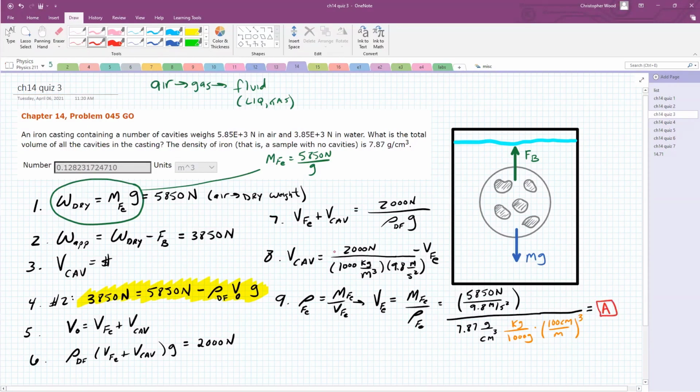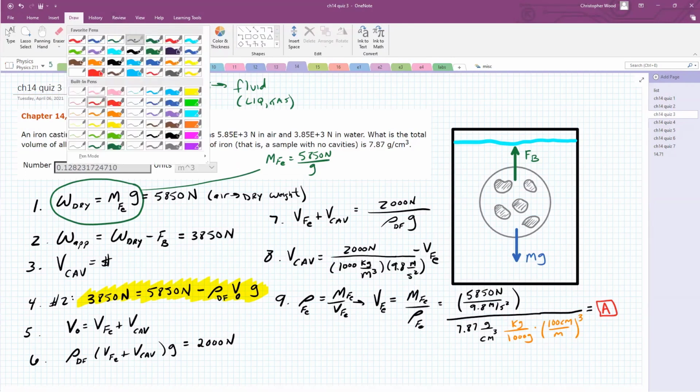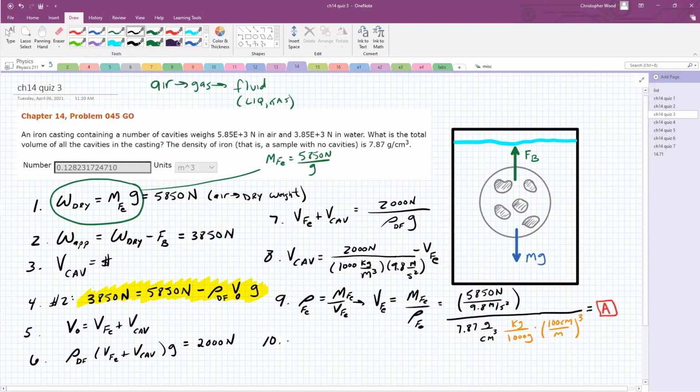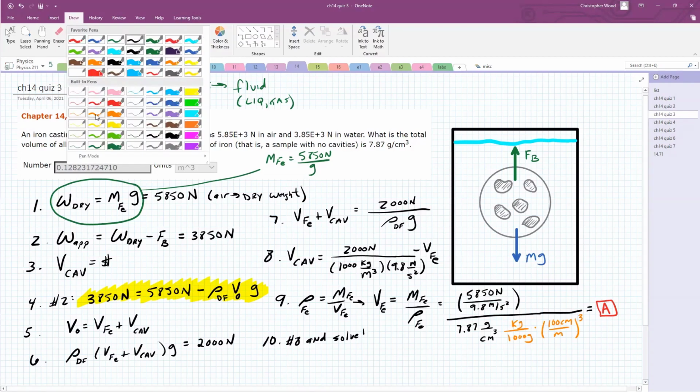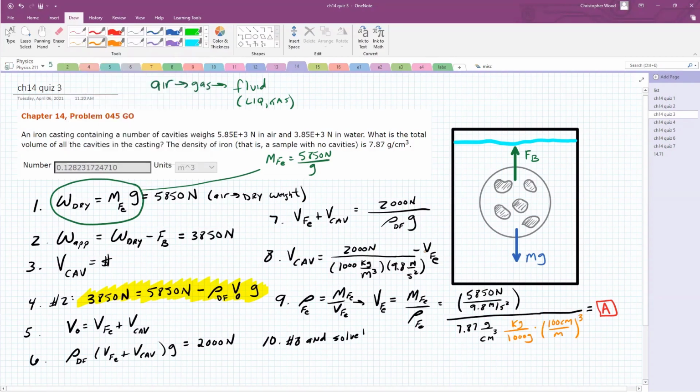All right, so now I'm good to go, I think, because step 10: go back to number 8 and solve. Because now everything's known, because now we know the volume of the iron. Okay, so 2,000.